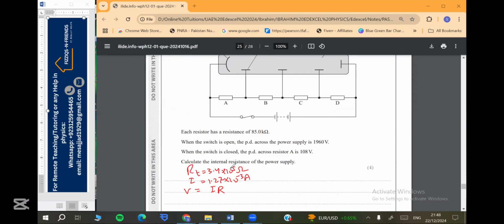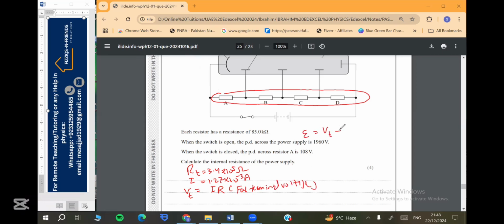This will give us the terminal voltage. For terminal voltage, we have to consider all these resistors, because in the formula we have EMF, then we have terminal voltage, and then we have this. So we need each and everything. I equals 1.27 into 10 raised to the power minus 3, and total resistance is 3.4 into 10 raised to the power 5. So it equals 432 volts.